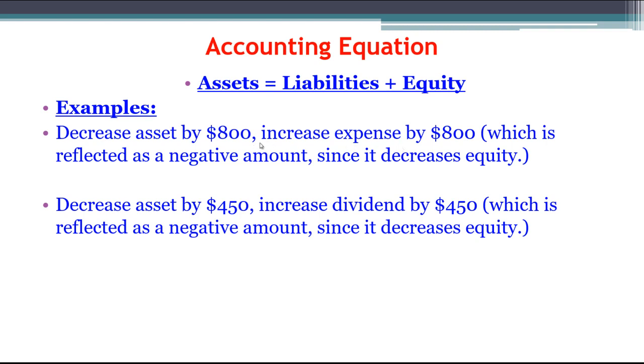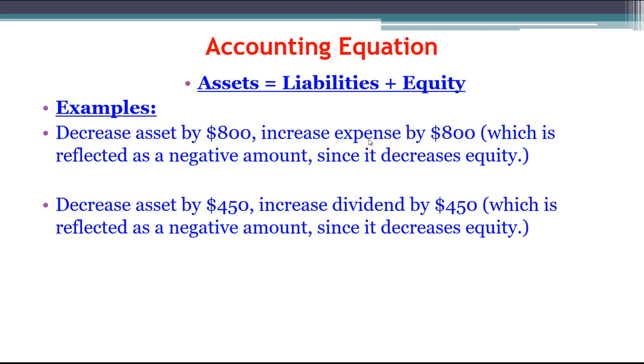So we're technically increasing the expense itself by $800. And if you just looked at that, it looks like we're out of balance. One decreased, the other side increased. But with expenses, when you increase those, that decreases net income, which decreases retained earnings, which decreases equity.